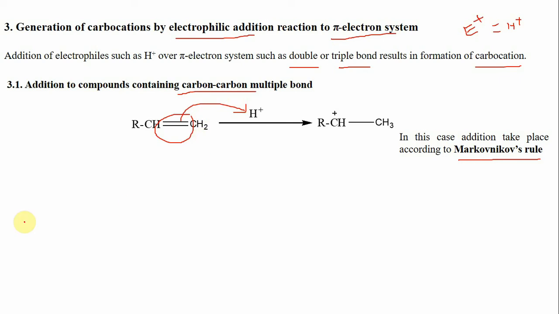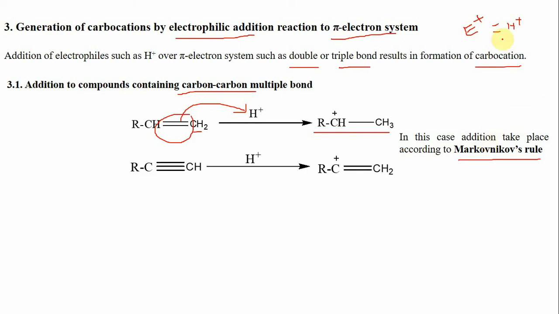Markovnikov's rule says that during addition reaction to a double bond, the electrophile gets added to the carbon which has the maximum number of hydrogen atoms. So here in this case, this terminal carbon has 2 hydrogens, while this internal carbon has only 1 hydrogen. So according to Markovnikov's rule, this H plus ion will go to this terminal carbon to give a more stable secondary carbocation.